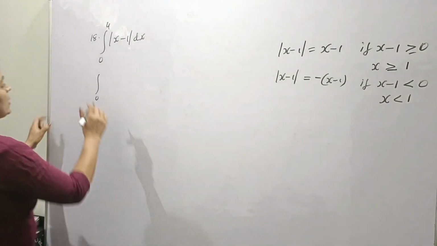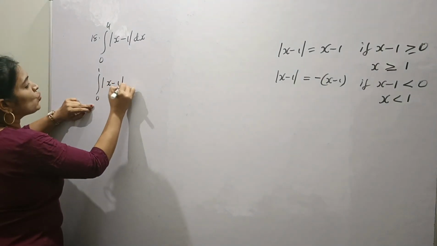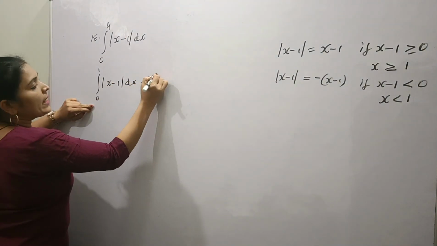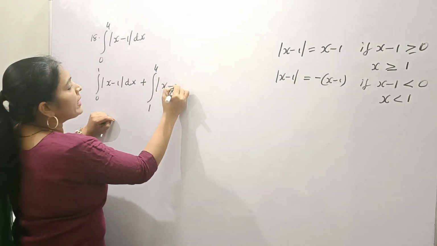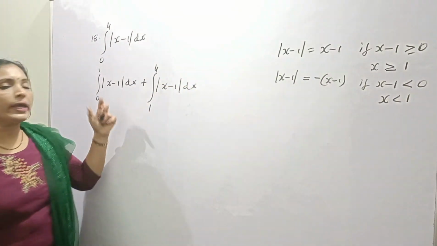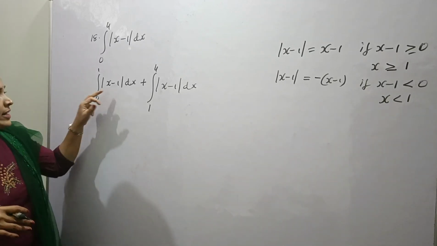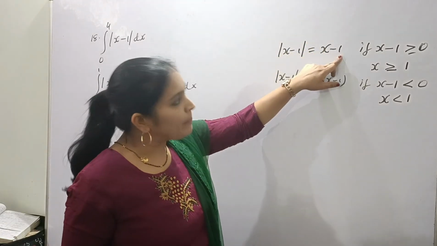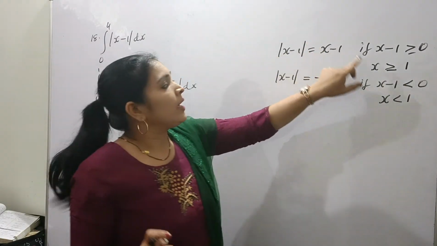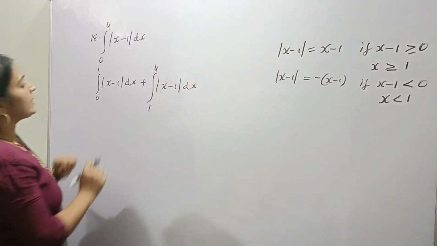So we can write this integral as integral 0 to 1 modulus x minus 1 dx plus integral 1 to 4 modulus x minus 1 dx. Now let's write the function without modulus, because modulus we cannot integrate. So what is modulus x minus 1? It is x minus 1 when x is greater than 1.